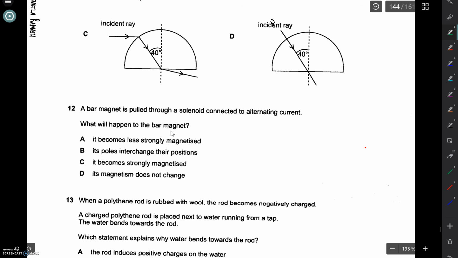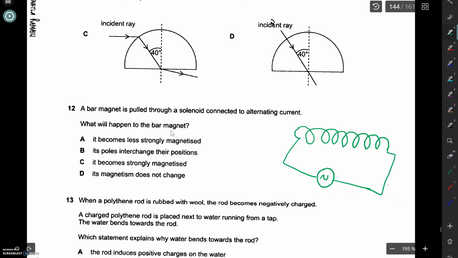Well, a solenoid is simply like a coil of wire, and it is connected to an AC current source, and you pull a bar magnet through this solenoid.